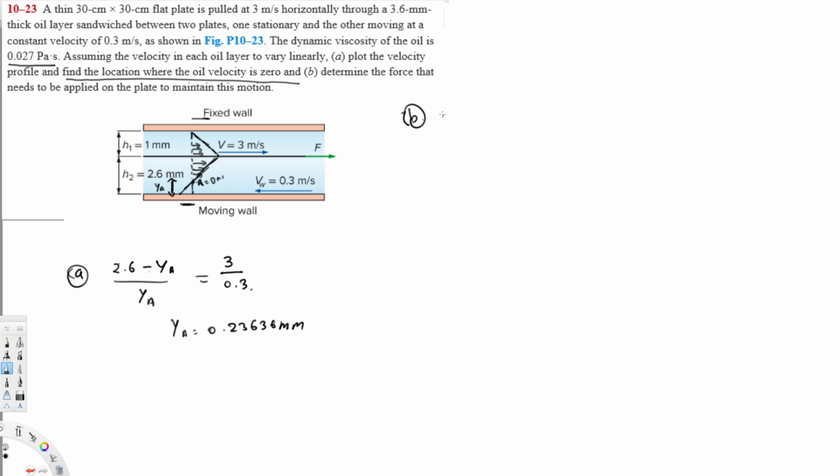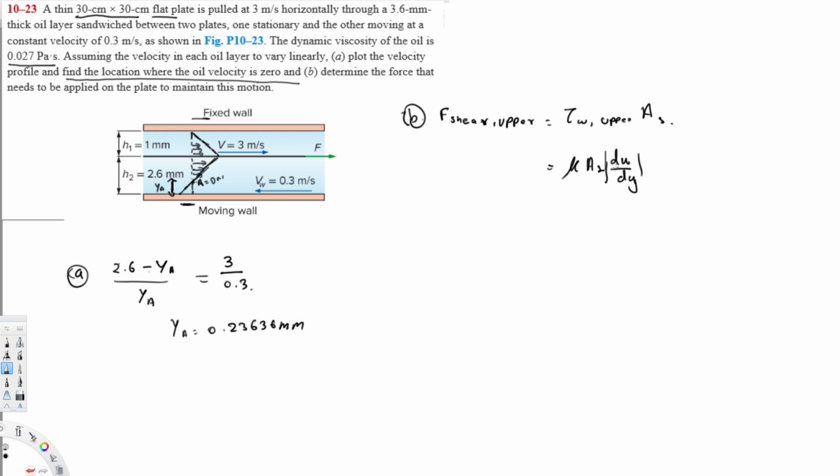So let's take the upper direction, F shear upper. We are going to have shear stress times the upper area, that is this area right here, the 30 centimeter flat plate. This can be written as mu, that is viscosity, times area times du by dy.